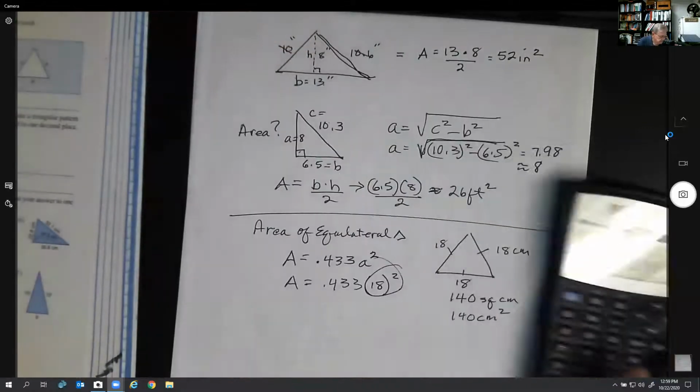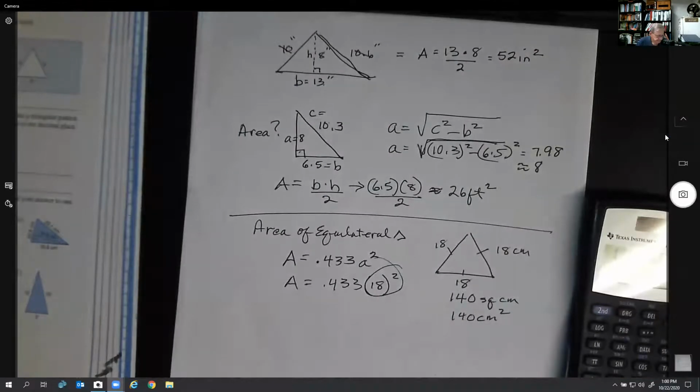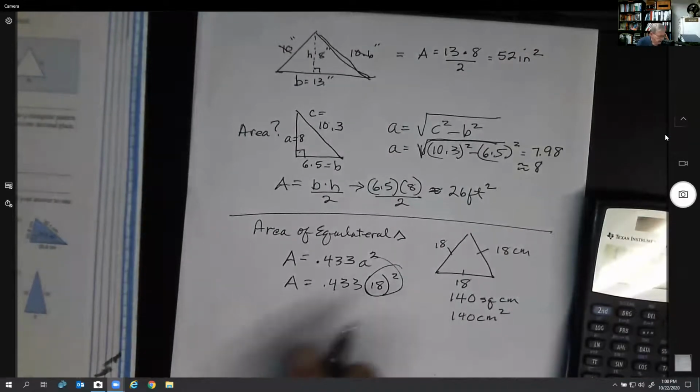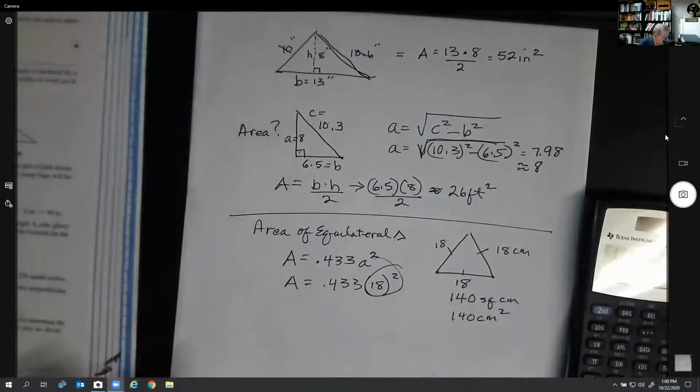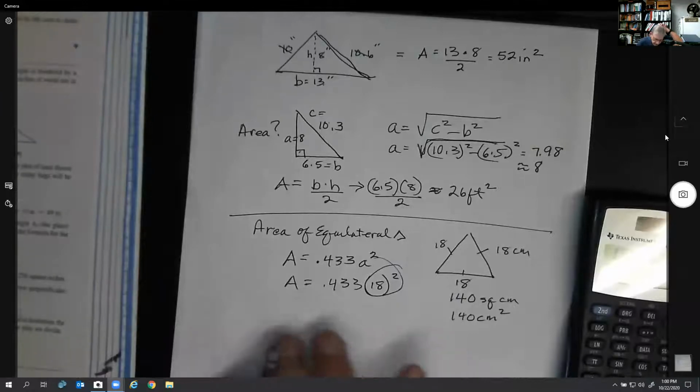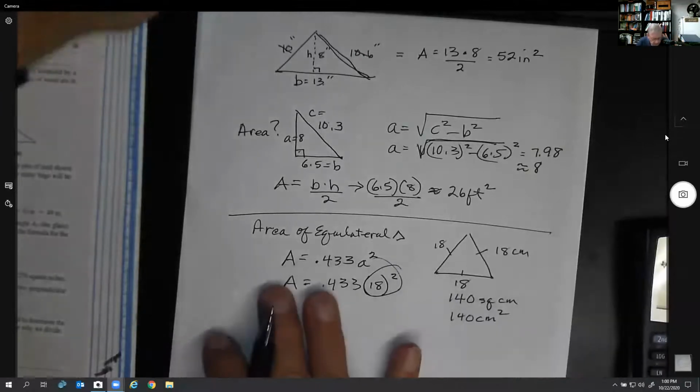There we go. Okay. So pretty easy to do. If we know the side, we can just calculate it. Okay. You can get into a whole thing. Another one that we can do sometimes.